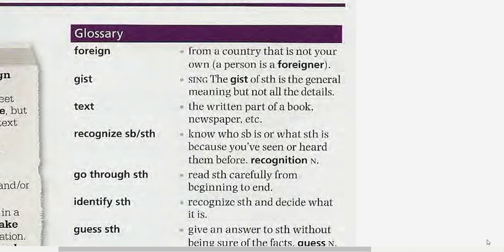The gist of something is the general meaning, but it doesn't contain the details. Text is a written part of a book, newspaper.